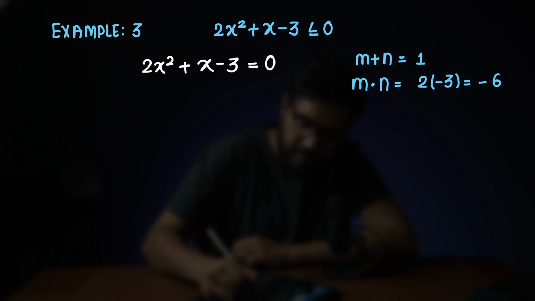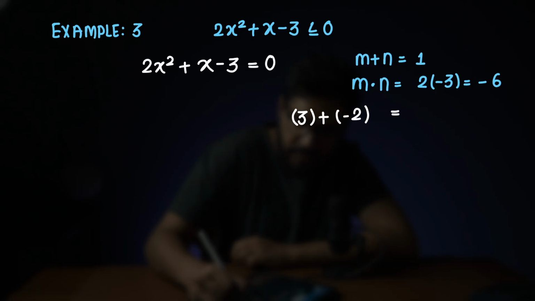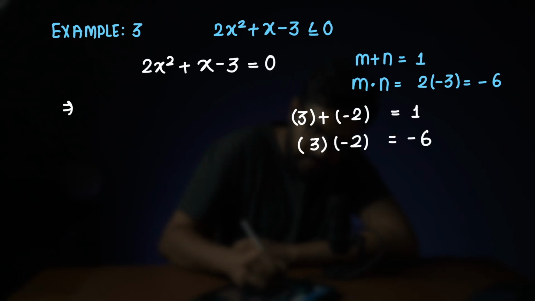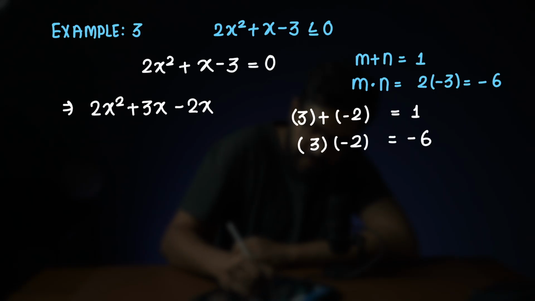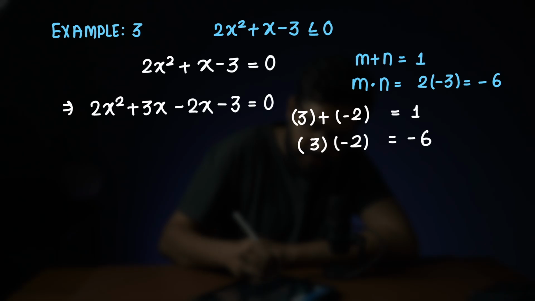Clearly, two such numbers are positive 3 and negative 2. Both of them add up to plus 1, and the product of positive 3 times negative 2 is negative 6. This means the middle term can be written as plus 3x minus 2x minus 3, which is equal to 0.